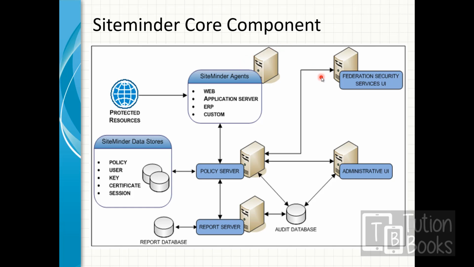We need to understand these first, and then when we go for installation, we will install all this. The last and important part is the Federation Security Service. This is also a part of Siteminder. Suppose I am providing SSO between two applications, but there is no relation between them, and both applications are protected by different IDM or access manager components.